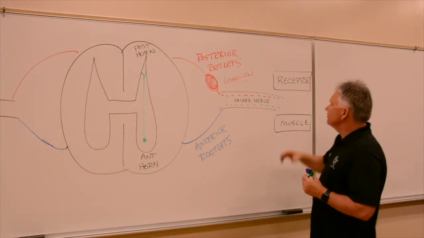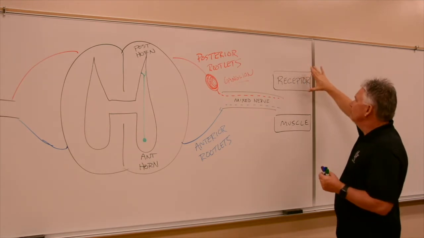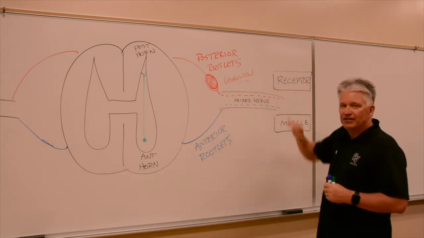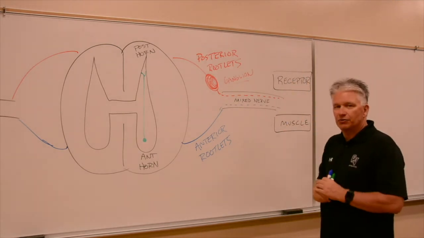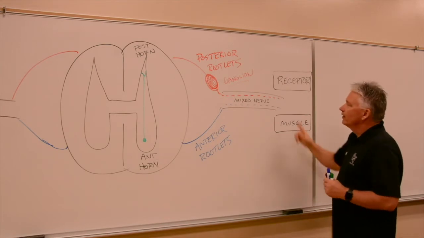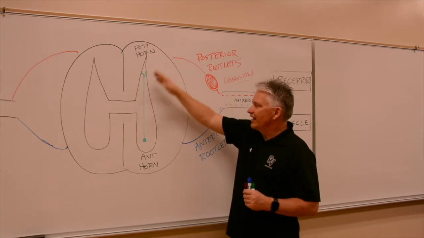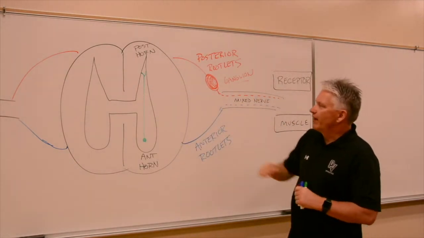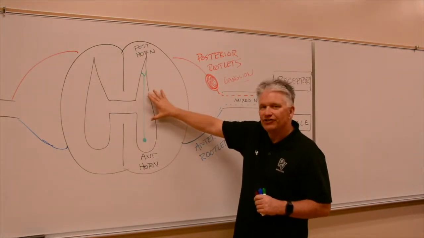So the components, sensory input, we have to have a receptor. Well, who are the receptors in the body? You know, it could be a temperature receptor, a touch receptor, your ears, your eyes, whatever it may be. We have a sensory nerve signal. In this case, we're showing it coming into the spinal cord. In the spinal cord, we may have an interneuron, a connector.